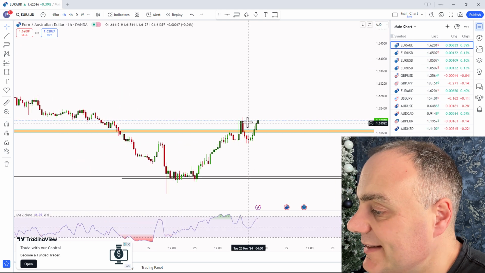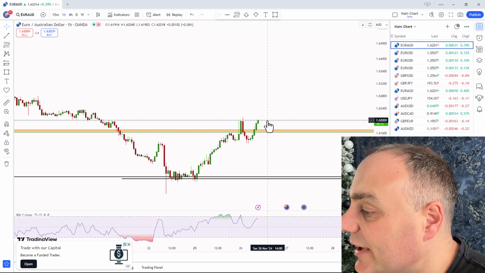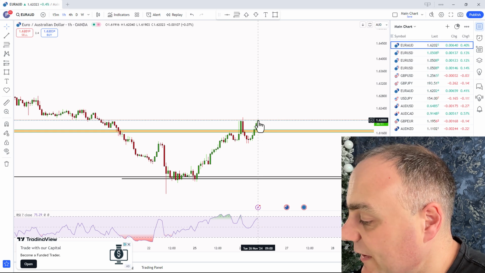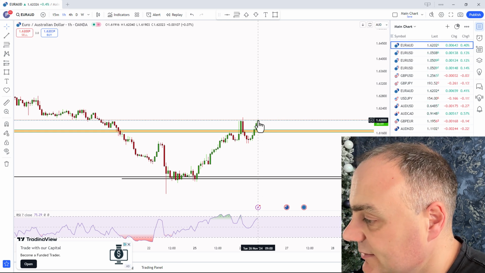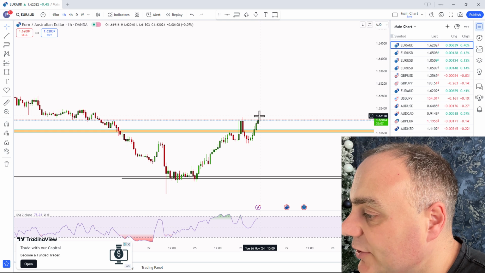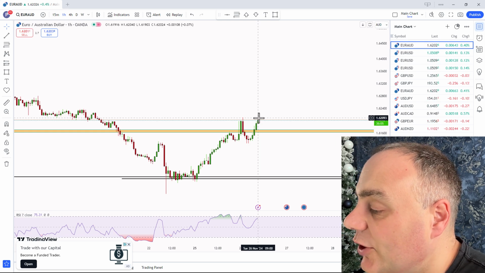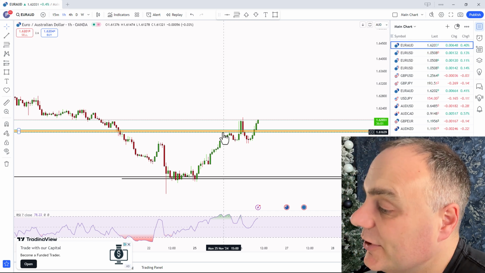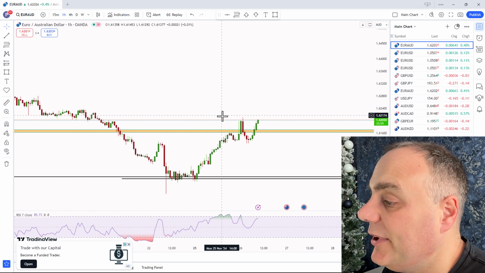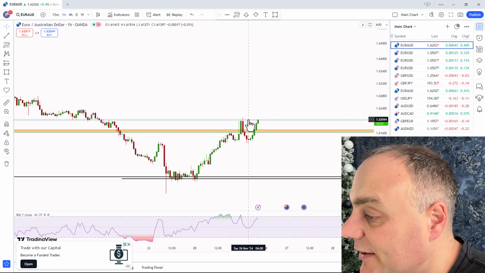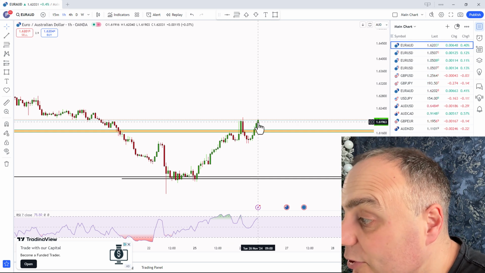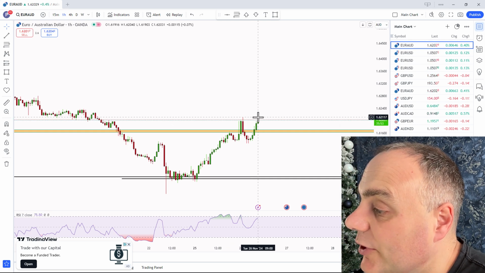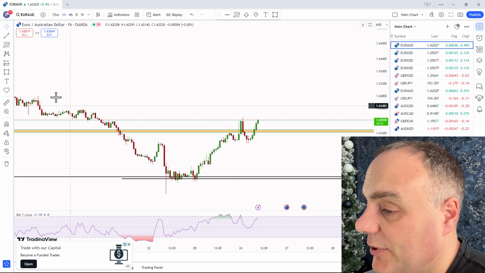So it looks like the market may close with this candle, and if it doesn't close above it, it has given us a double top. Now, it's not quite where we would look for, so it's not a perfect opportunity, but it is a double top if this candle closes correctly and does not close above our highest point here.